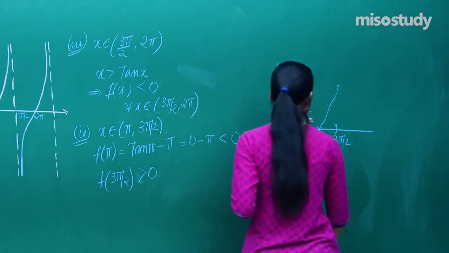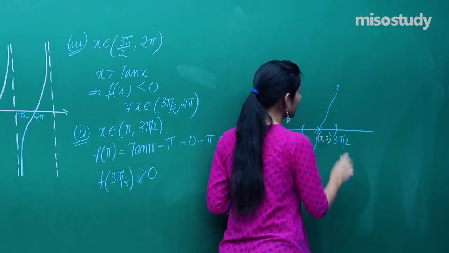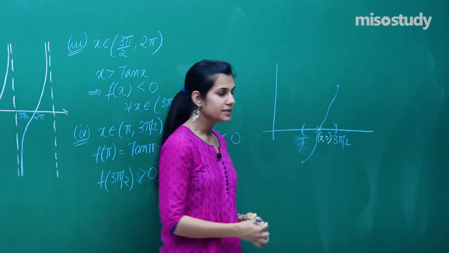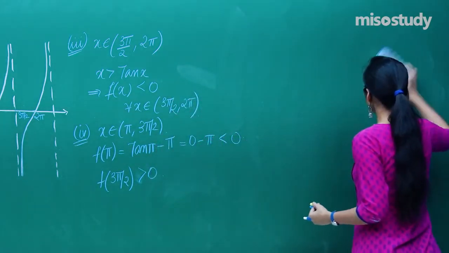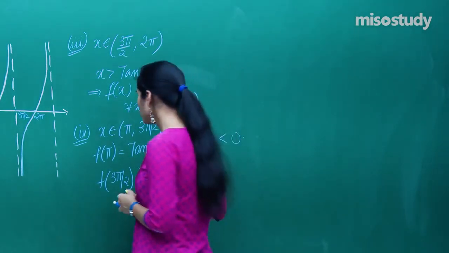The moment it is cutting the x-axis, for that x, f of x will be 0, that means there is at least one root in pi to 3 pi by 2.